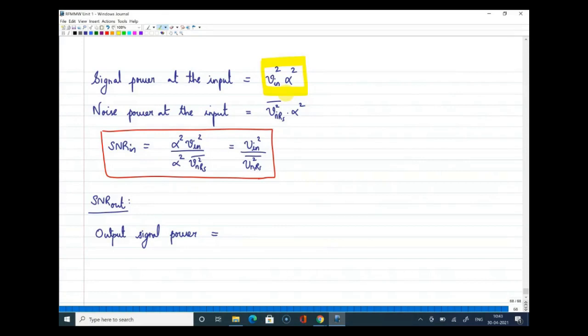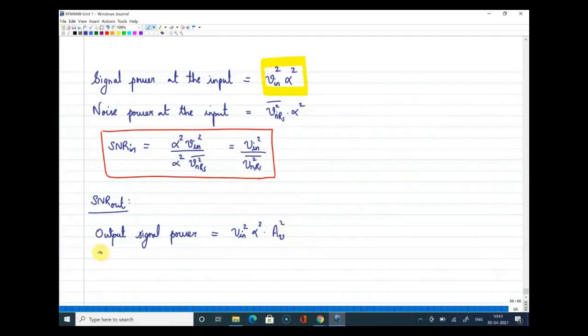Now at the output, this signal power will be multiplied by the gain of the circuit. Since it is power, I'm multiplying by gain square, Av square. That is the output signal power.